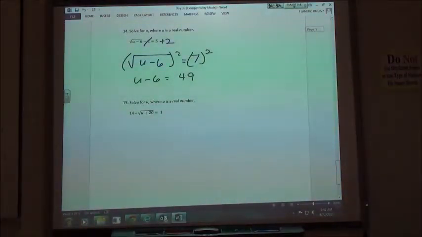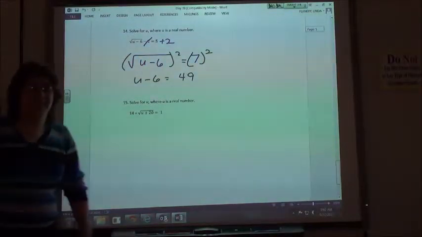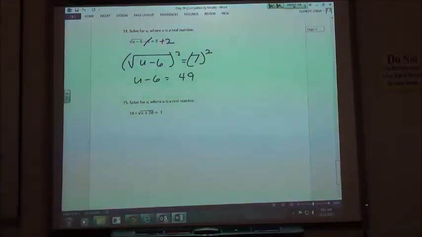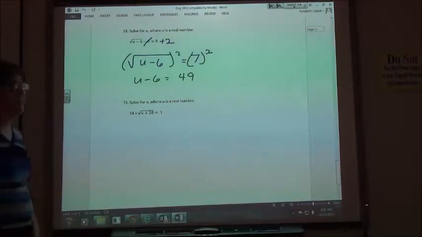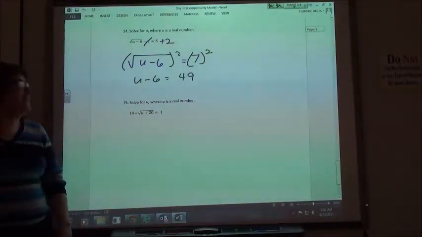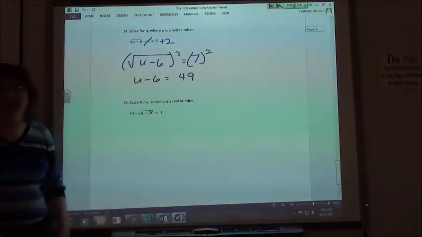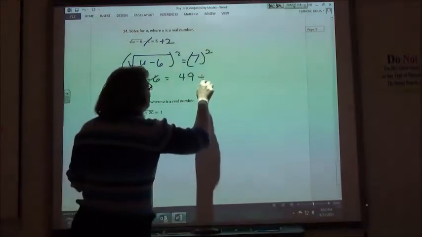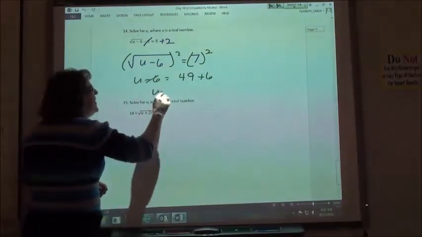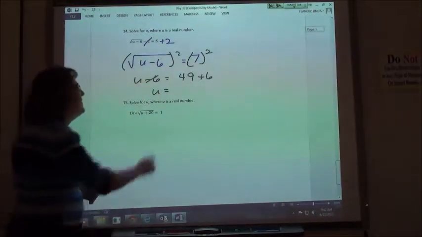And Kenyon, if I want to solve that, what would I do? Add 6 to 49, exactly. Wasn't a trick question. U then is going to equal 55.